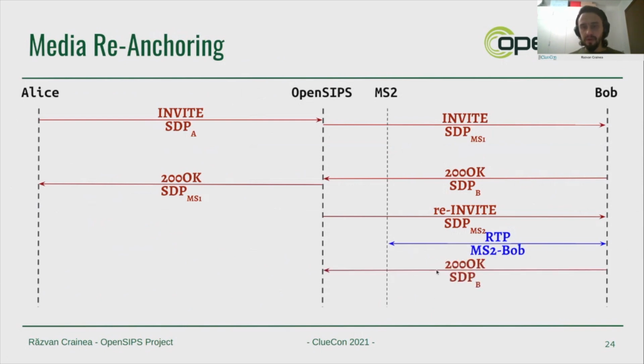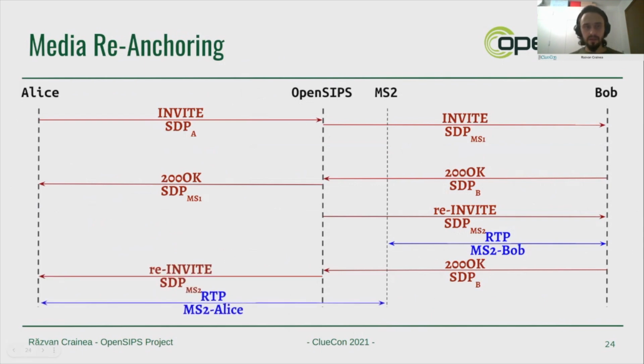Then Bob sends a 200 OK. We will send a re-invite to Alice, providing the SDP of media server 2. As you can see here, we will end up with Alice talking to media server 2 and Bob talking to media server 2. Again, this is without re-establishing the call, without any disruptions.